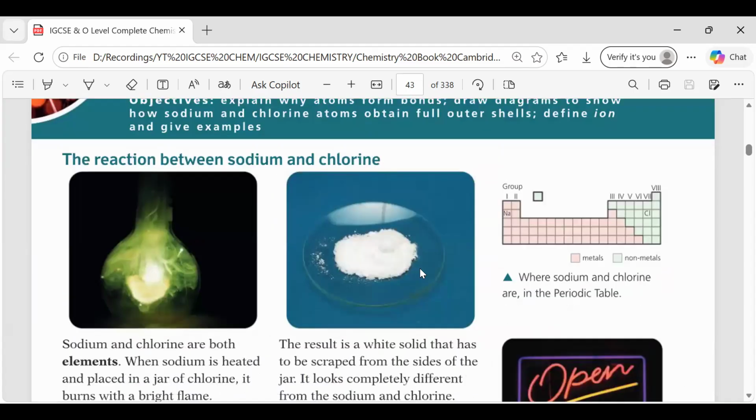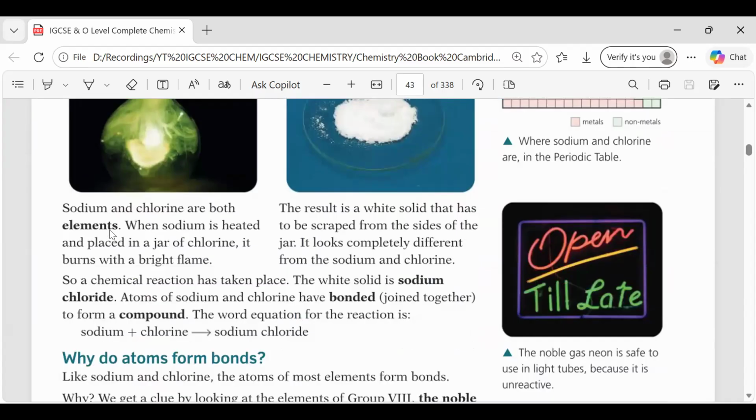So if you see here, we have done this example, sodium chloride.